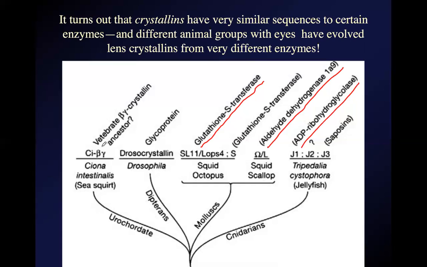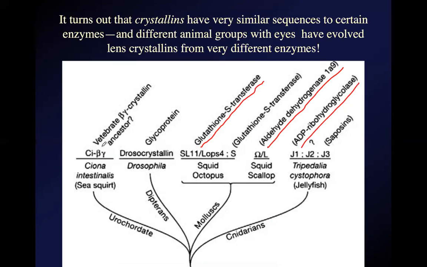As eyes are evolving in sophistication, the idea is that a gene for an enzyme got recruited to do something different. This can happen because there are a number of ways in which you can have gene duplications. If you've got unequal crossing over in meiosis, you can have offspring that have multiple copies of a gene instead of just one on each chromosome.